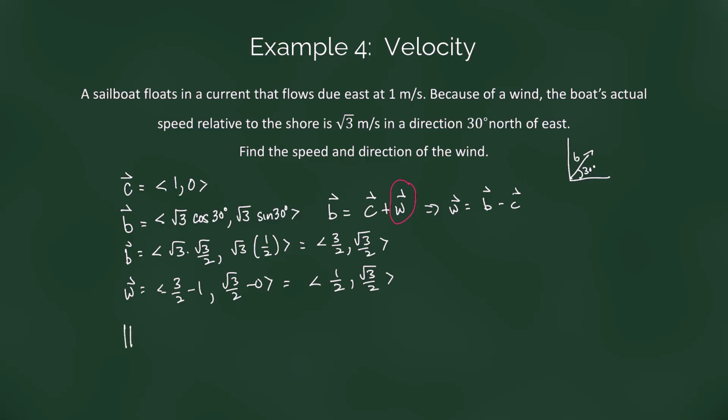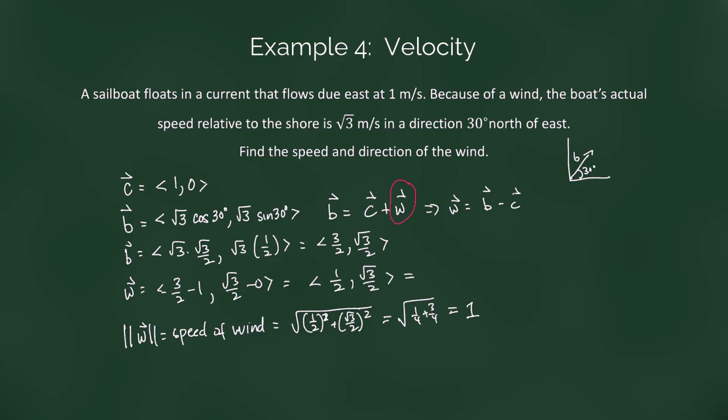The magnitude of that vector, which is going to be the speed of the wind, is going to be the square root of 1/2 squared plus root 3 over 2 squared, which is 1/4 plus 3/4, which is 1.